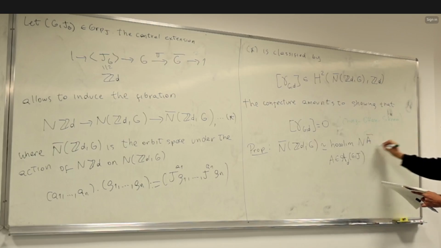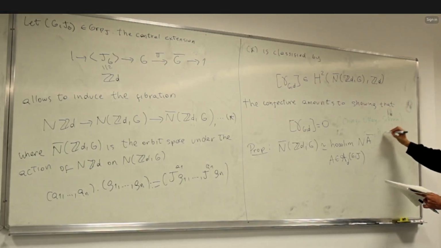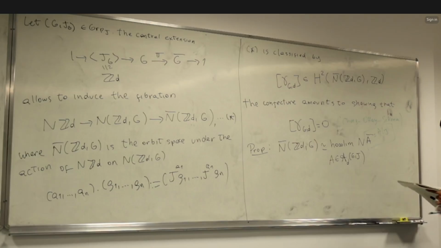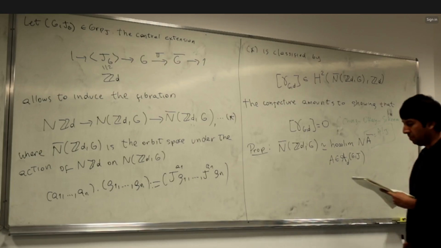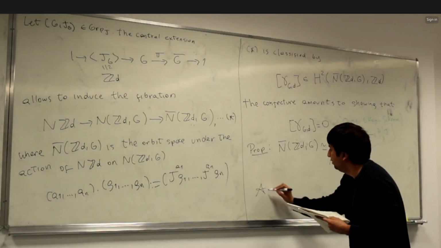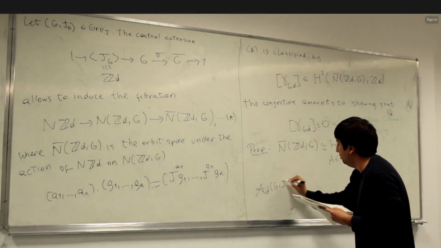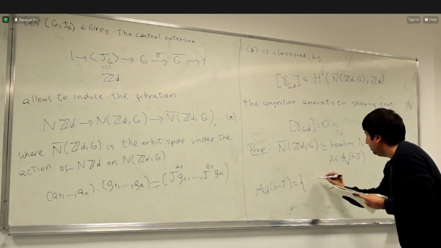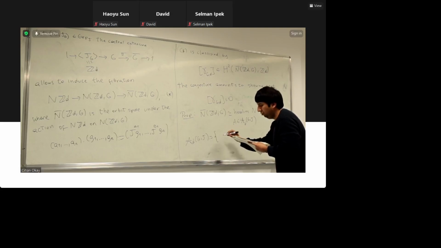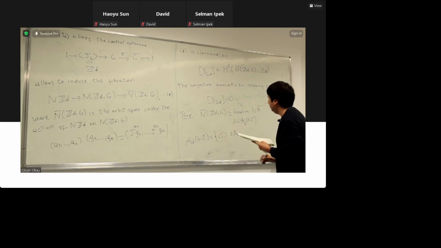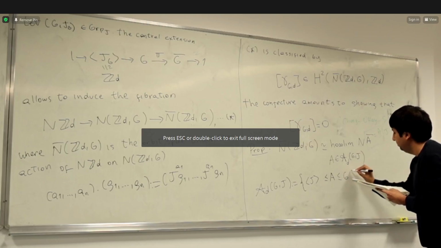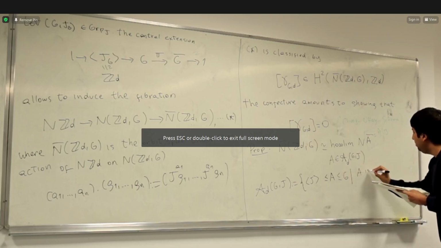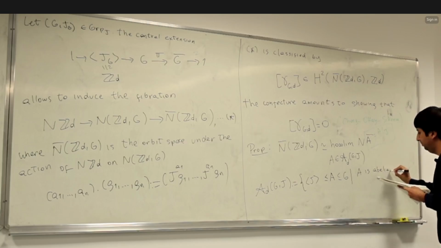This guy is just the quotient of A over J. And this poset, or well, this set in principle, is the set of groups that contain J, such that A is abelian and d-torsion.